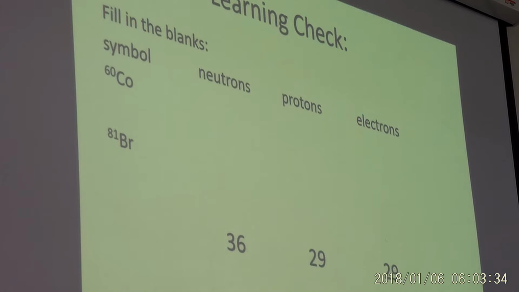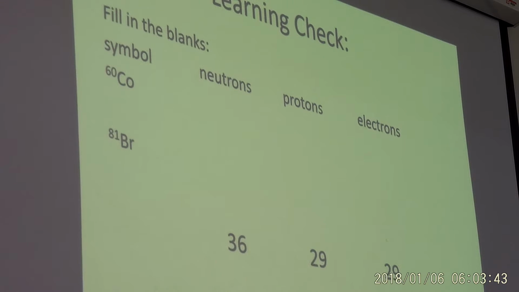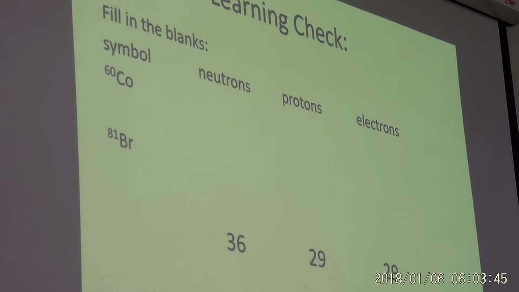That's the third row there, and we're trying to fill in the symbol for that scenario. So what do you think? What's the easiest one? The easiest one's probably the protons, right? Because you can just look on the periodic table and see it. For cobalt? Yeah, 27.